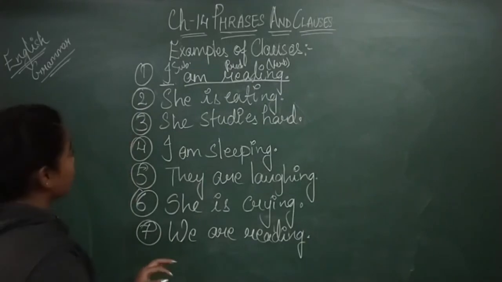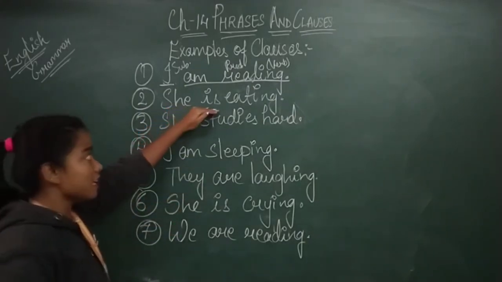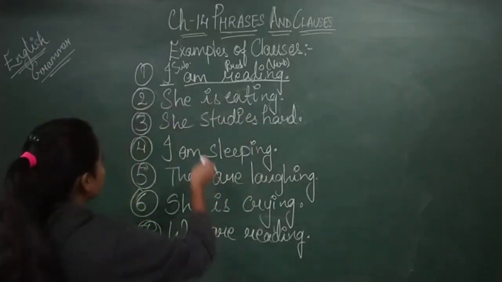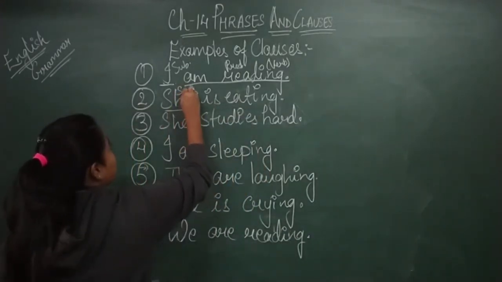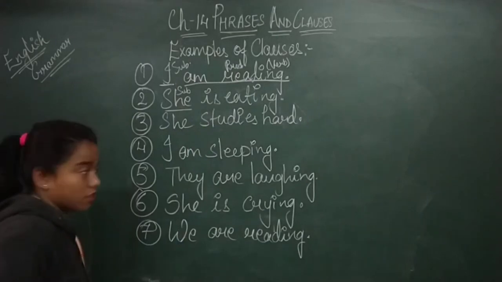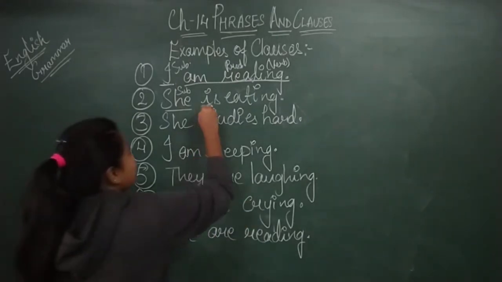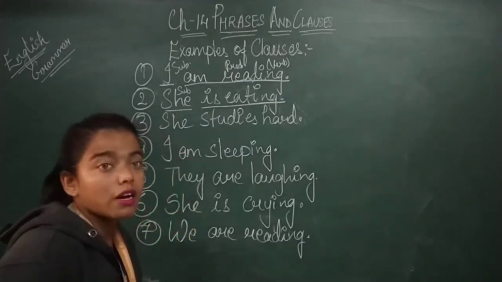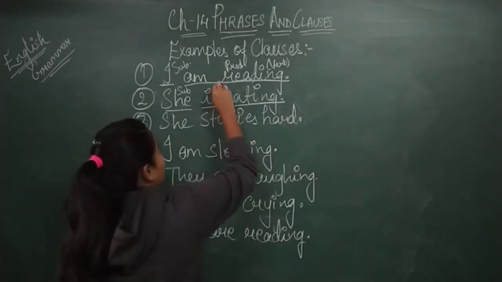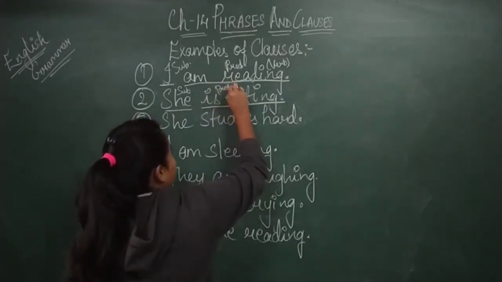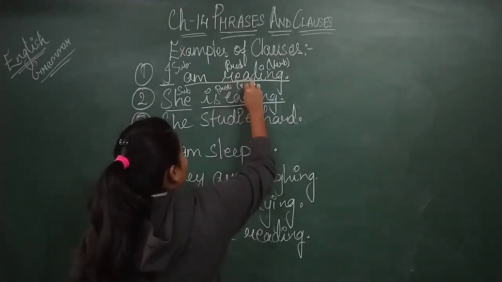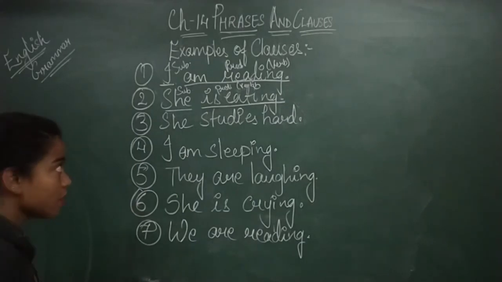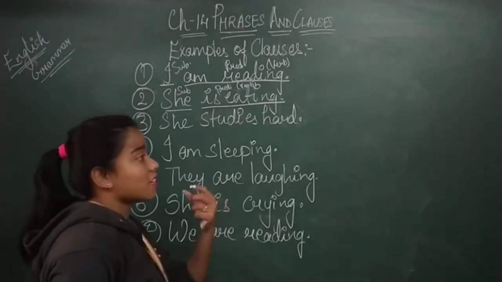So now next, she is eating. Here she is my subject, and is eating is a verb also and a predicate also, because is eating is an action word.